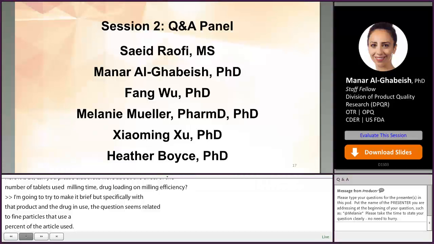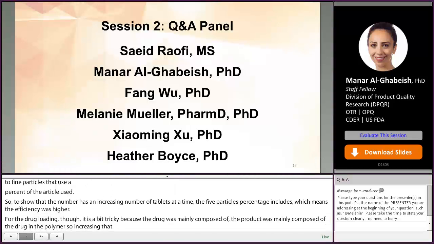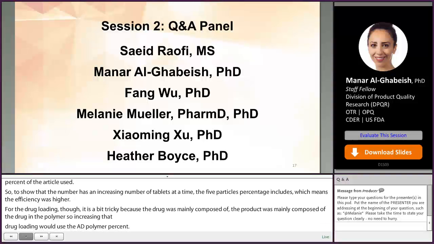For the drug loading, that was a bit tricky because the product was mainly composed of the drug in the AD polymer. So increasing the drug loading reduced the AD polymer percent. Actually, the increase in drug loading generally caused an increase in the milling efficiency because there was more drug and less AD polymer.